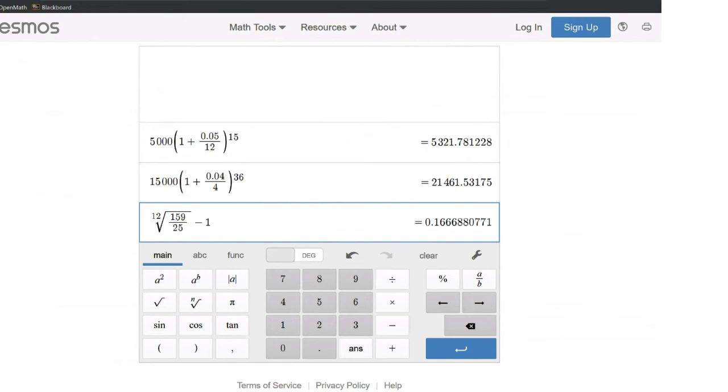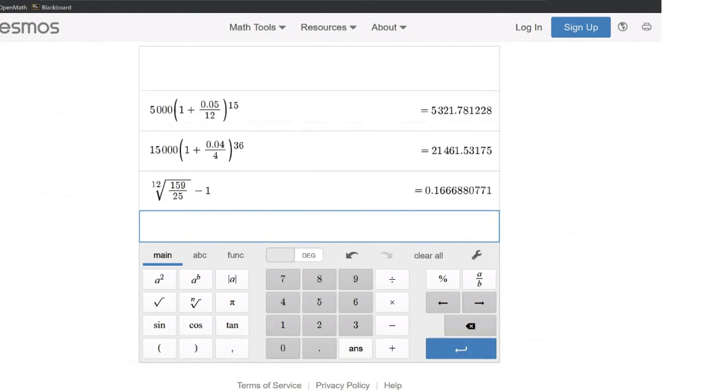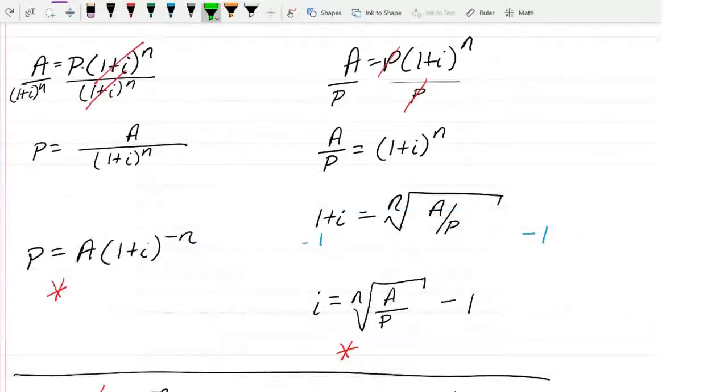For example, if this were a monthly thing, your I would normally be divided by 12, so you'll have to multiply that answer times 12 to get a yearly interest rate. We'll see some examples, I think, in our homework.